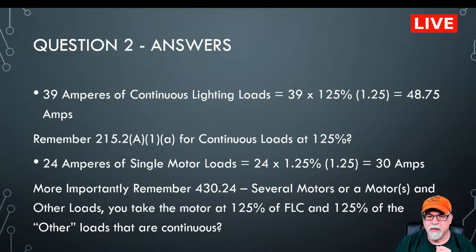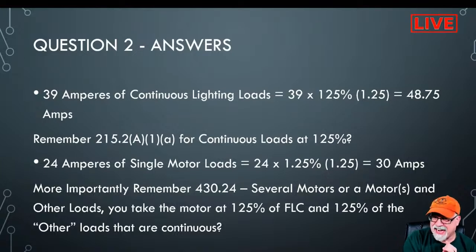So let's look at the motor. I have 24 amperes of single motor load, the FLC, they gave it to me. So again, that's 24 times 125%, which equals 30 amps. Now, where did I get the guidance here? If I was sizing a single motor by itself, then it would be 430.22.